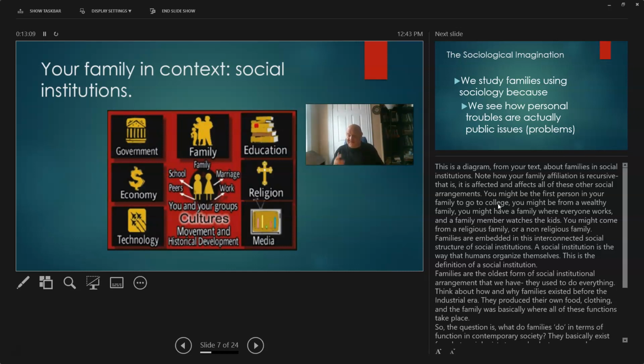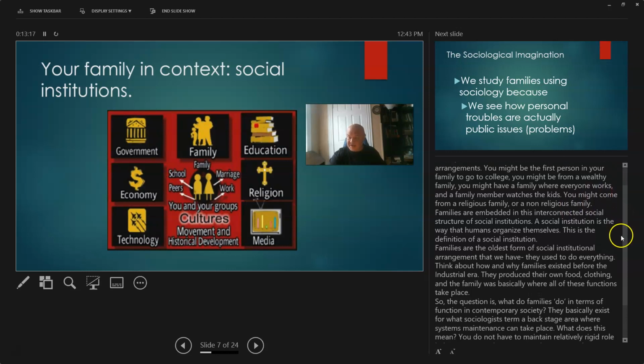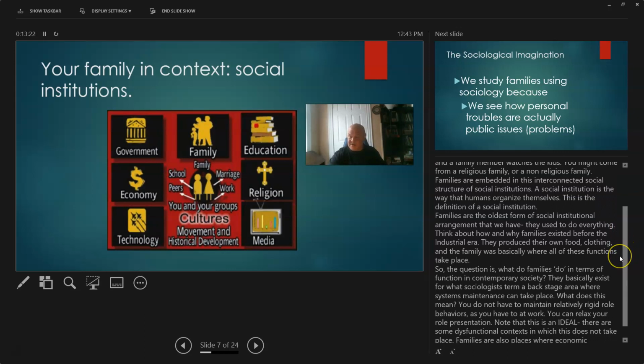You might be the first person in your family to go to college. You might be from a wealthy family. You might have a family where everyone works, and a family member watches the kids. You might come from a religious family or a non-religious family. Families are embedded in this interconnected social structure of social institutions.